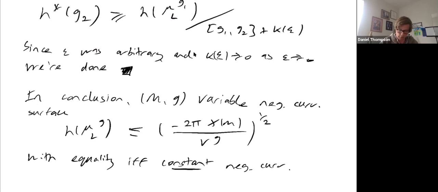And of course, this number is just the same as the topological entropy at G0, the conformally equivalent, same area, constant curvature metric.